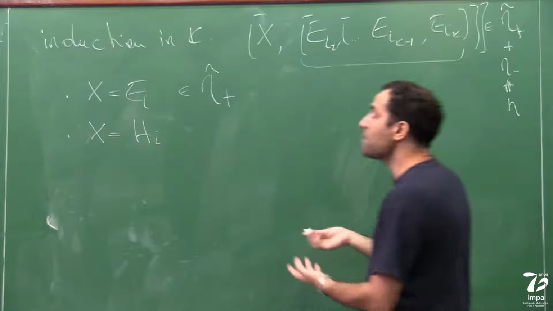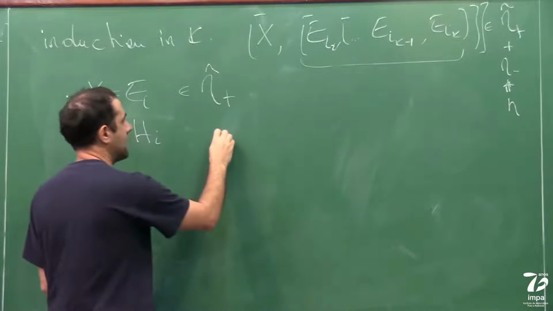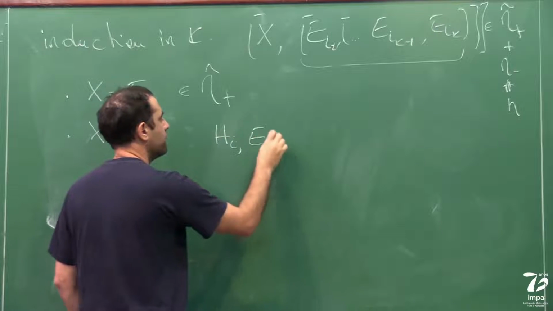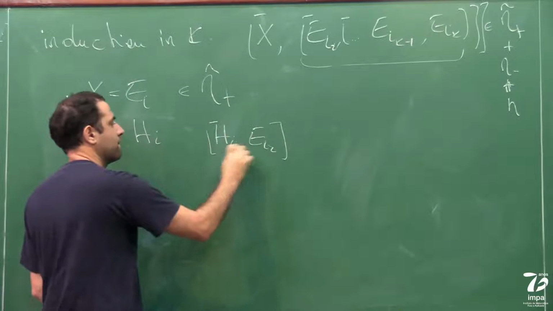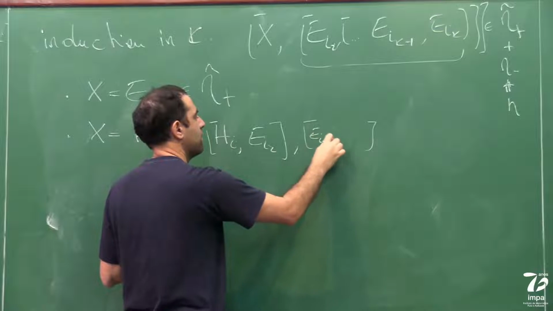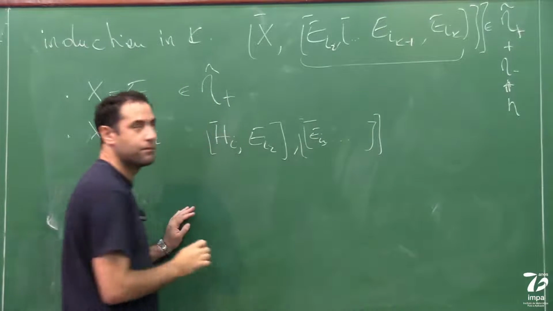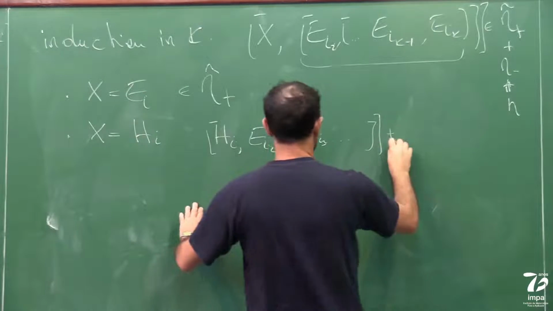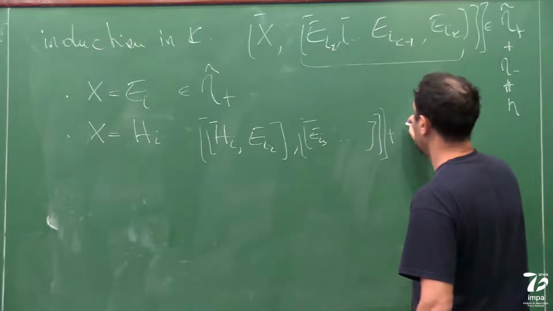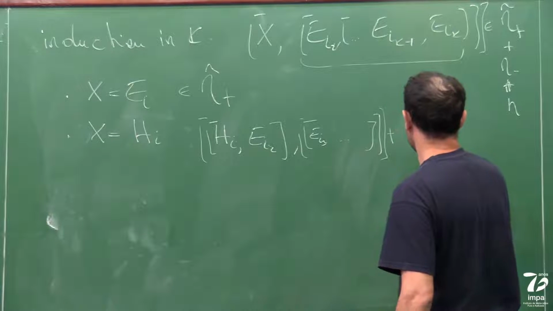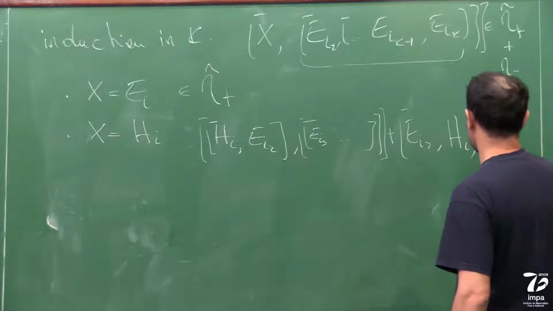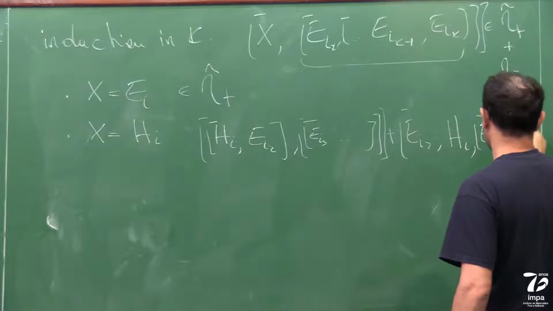By the Jacobi condition this is the same thing as the bracket of hi with ei2, bracket with the rest, ei3 up to eik, plus ei2 bracket with the bracket of hi with the rest, ei3 up to eik.